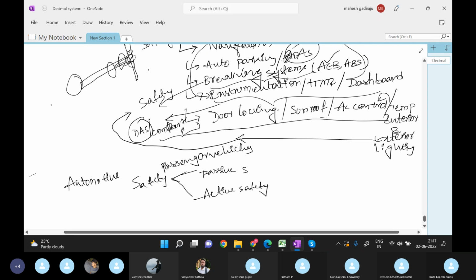Got it? Can anyone tell me the difference between these two? Like external and internal? No. I think if an accident happens, it comes under active safety, and if the speed limit is exceeded, it comes under passive safety.